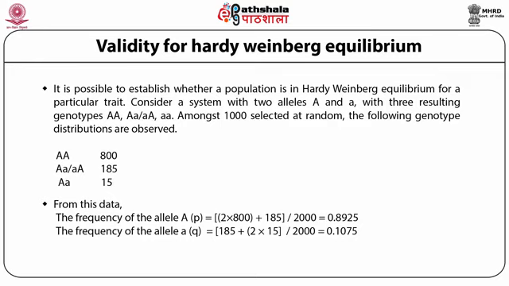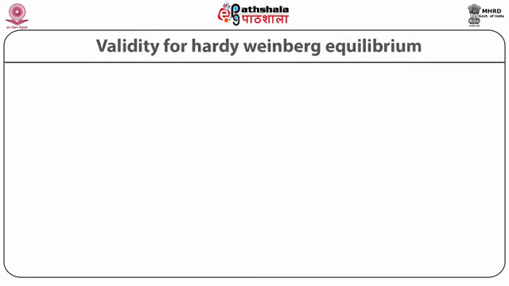The frequency which comes using this formula is 0.8925. Likewise, we have also calculated the frequency of the other allele, small a, denoted by the letter q, which comes to 0.1075. These are the observed allele frequencies calculated from genotype frequencies.